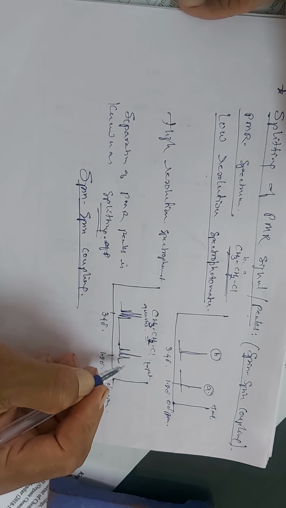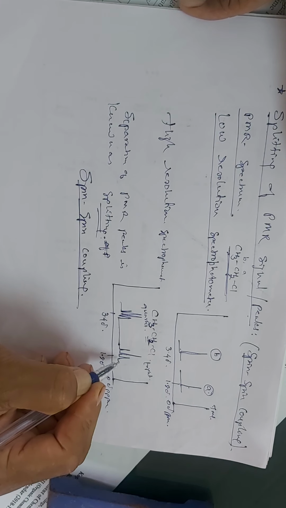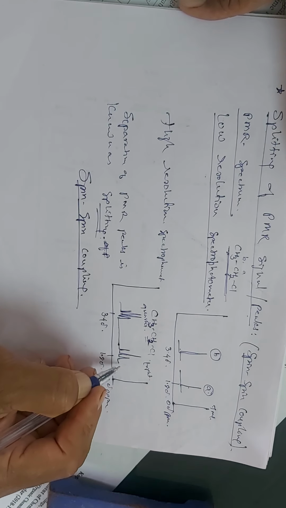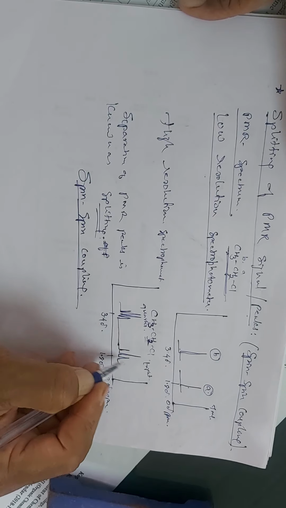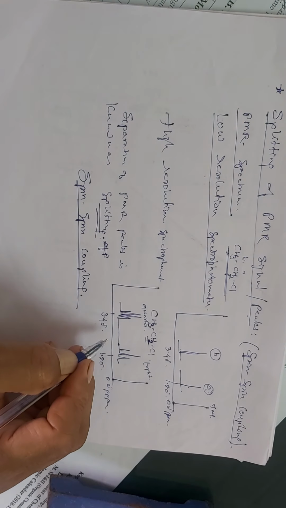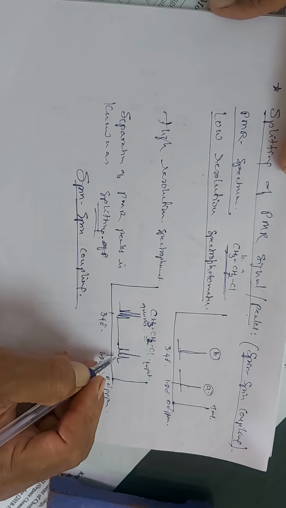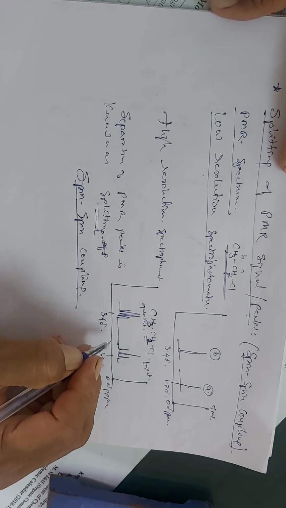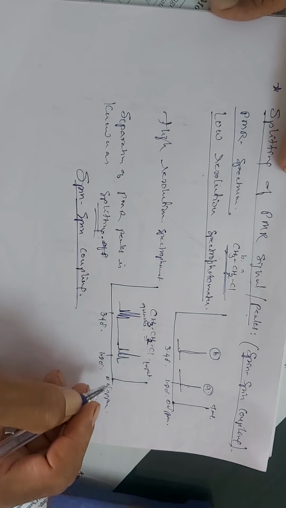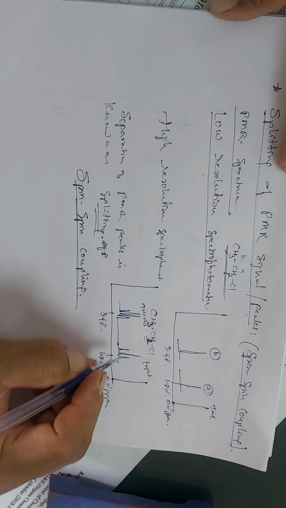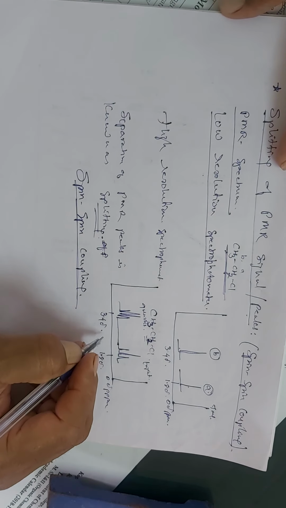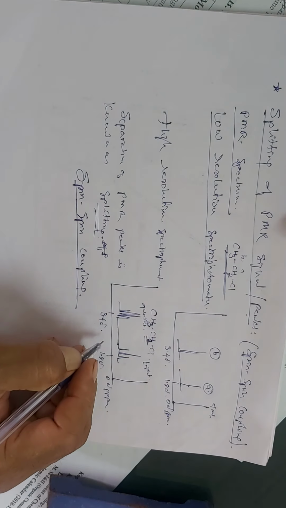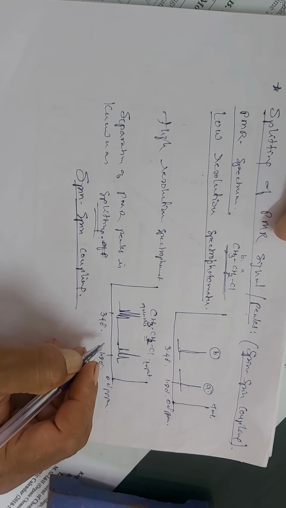One signal can be split into two, or one will remain one as it is, or one may split into 3, 4, 5, 6, any type. This splitting pattern depends upon the number of neighboring protons. This splitting occurs due to the coupling of the spin states of the given nucleus with the spin states of the adjacent or neighboring nuclei.